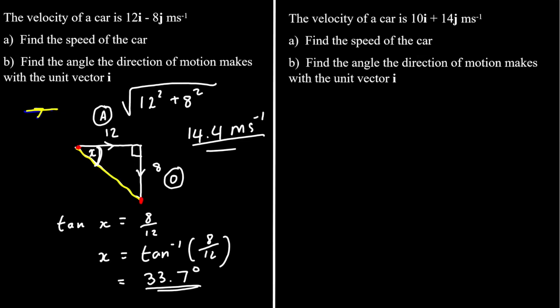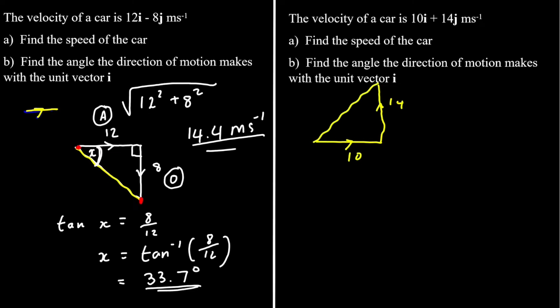One for you to try. Pause the video, give it a go. So the velocity is 10i plus 14j meters per second. So every second it goes 10 along the x and 14 up the y.